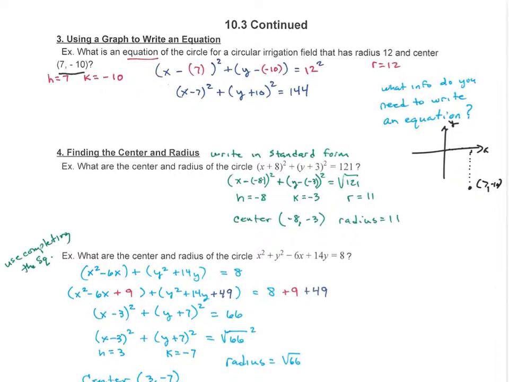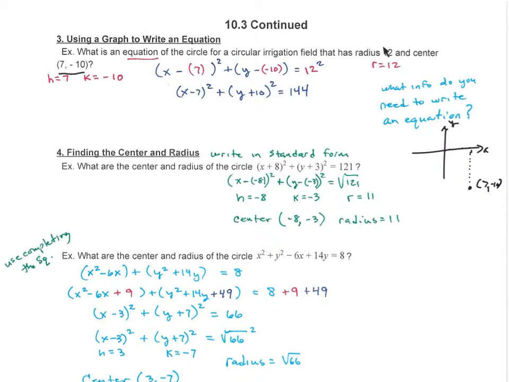So when we rewrite that, we replace h with 7, and that becomes x minus 7 squared. Then we have y minus a negative 10, because our k is negative 10. When we replace that, y minus a negative 10 becomes y plus 10 squared.